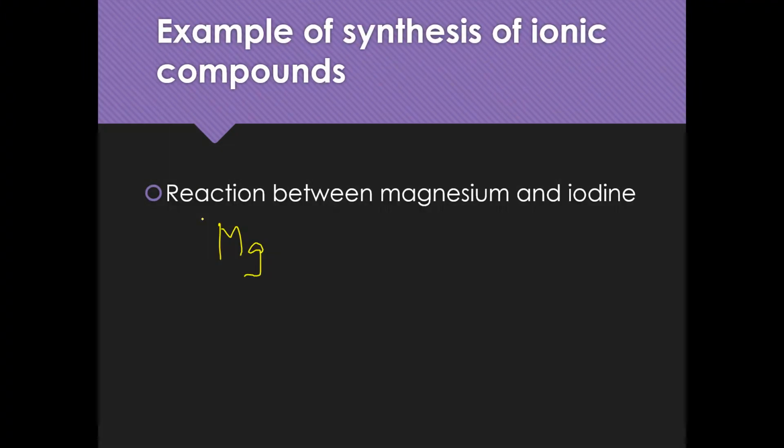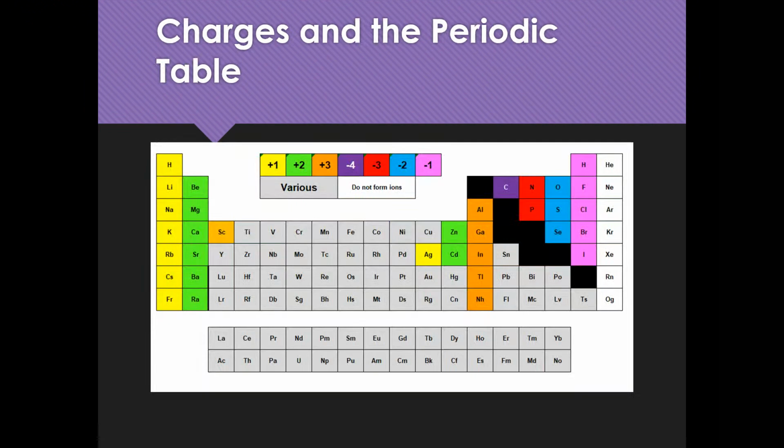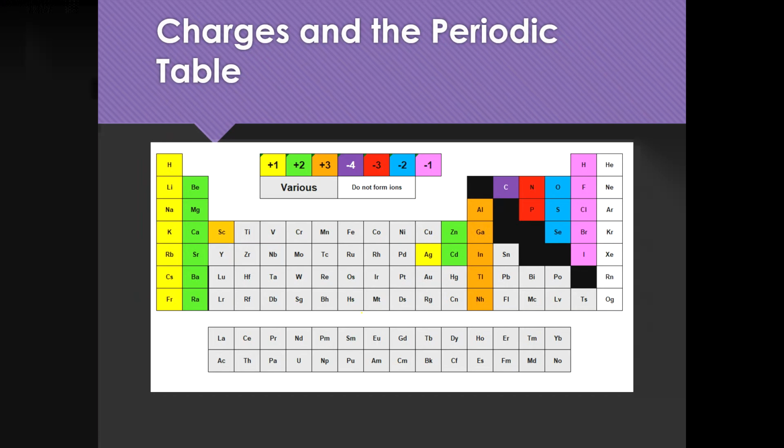So magnesium plus 2. And then we do iodine. Iodine, we go back to the periodic table. We see what iodine is. Iodine's right here on this column 7A in pink, purple. And that means iodine is going to be a -1.